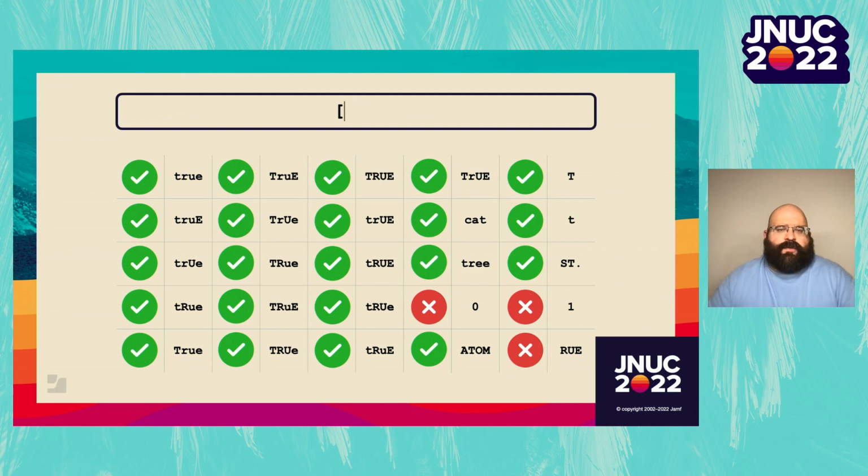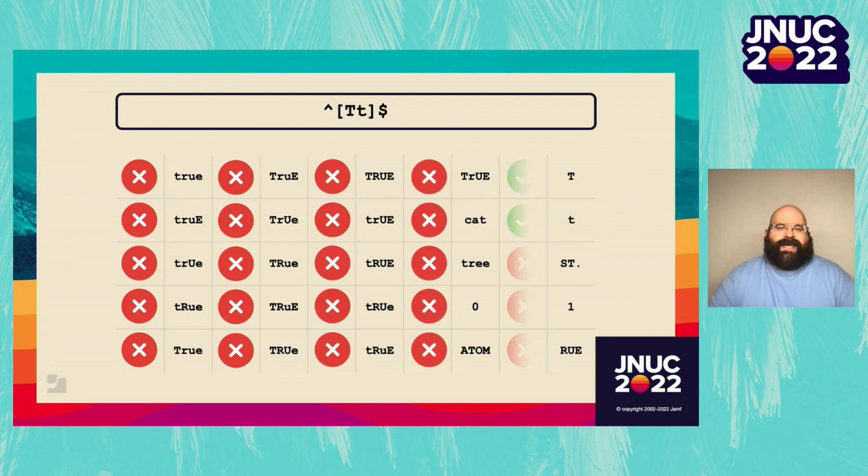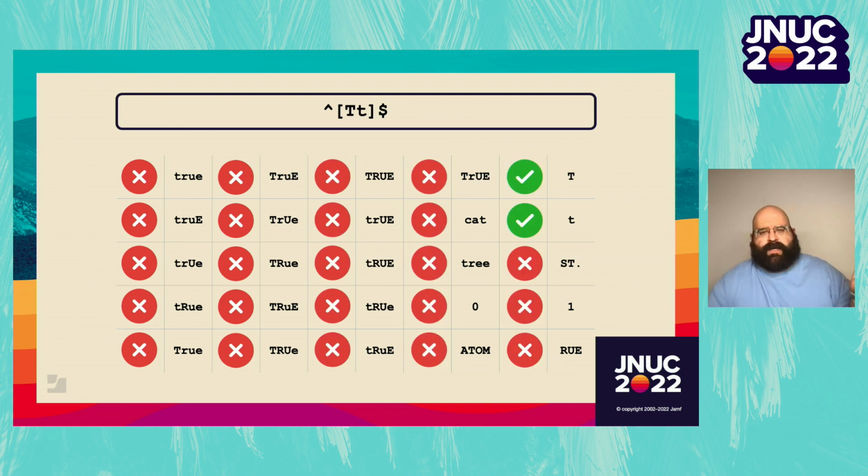All right, so next, let's talk about another set of special characters: the caret and the dollar sign. The caret represents the beginning of a string, where the dollar sign represents the end of a string.